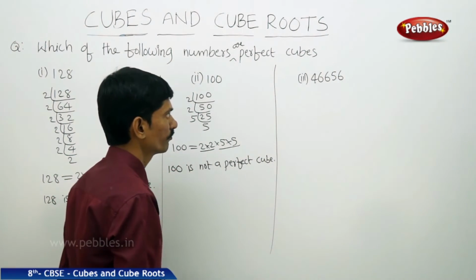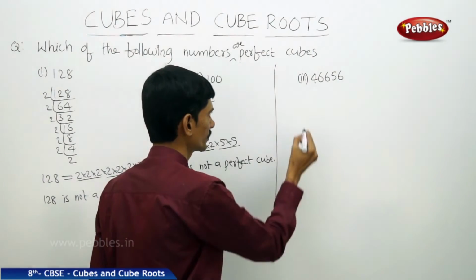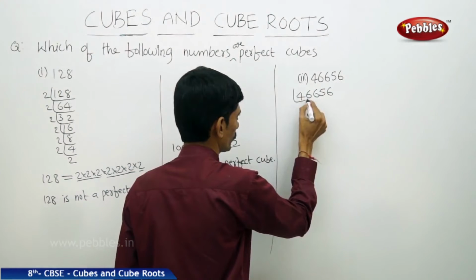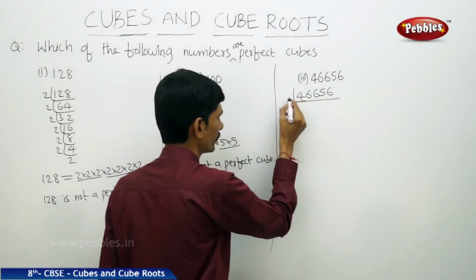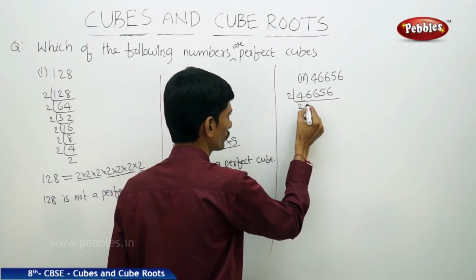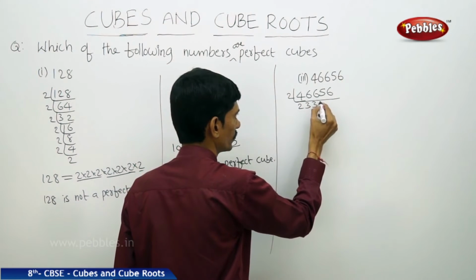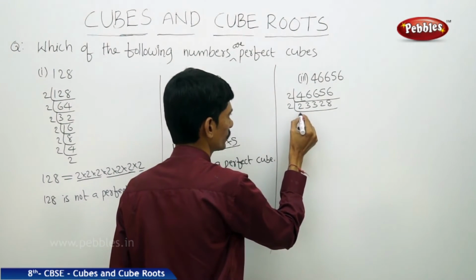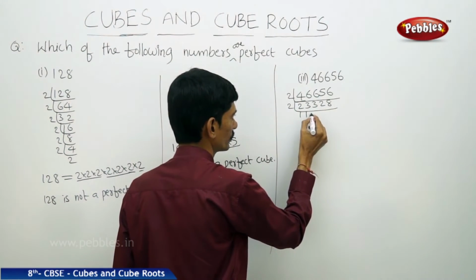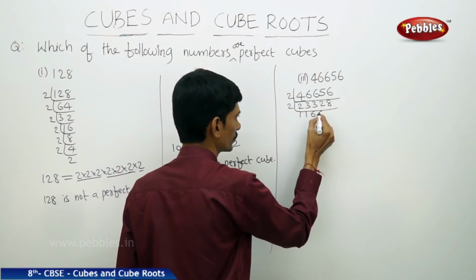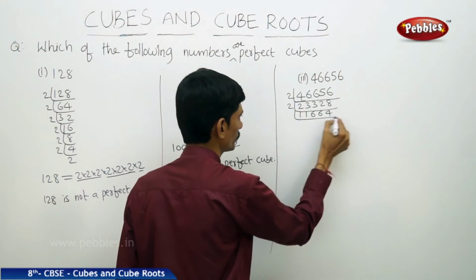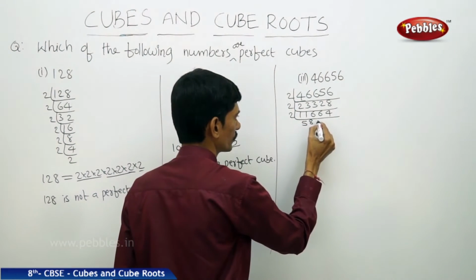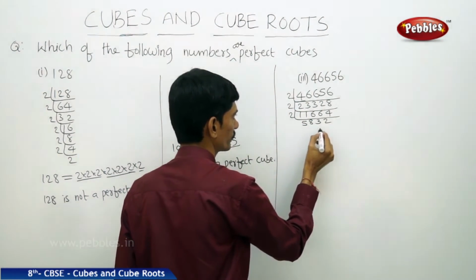Next, 46,656. It is divisible by 2. Now take 2 2s are 4, 2 3s are 6, 2 3s are 6, 2 2s are 4, 2 8s are 16. Again in 2 table, 2 1s are 2, 2 1s are 2, 2 6s are 12, 2 6s are 12, 2 4s are 8. Again, 2 5s are 10, 2 8s are 16, 2 3s are 6, 2 2s are 4.